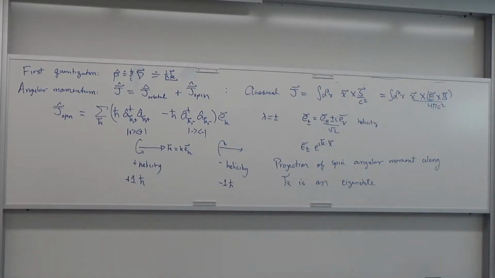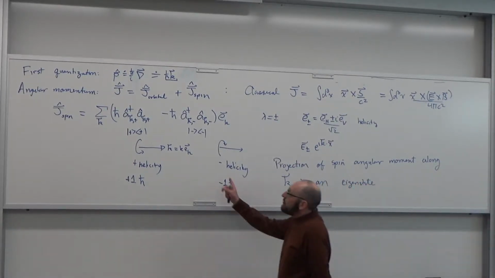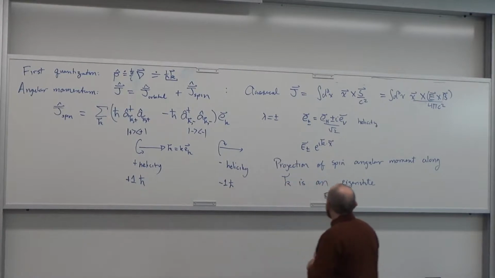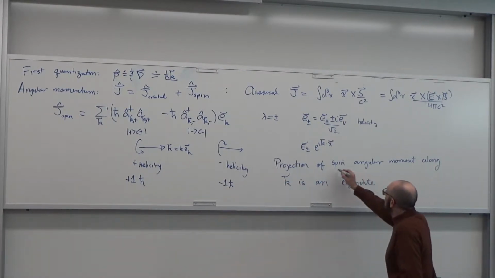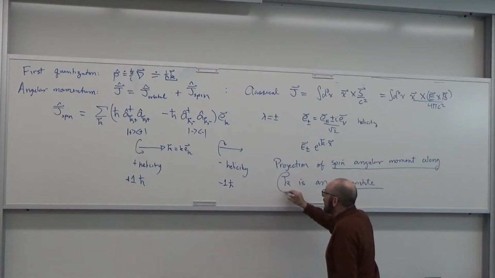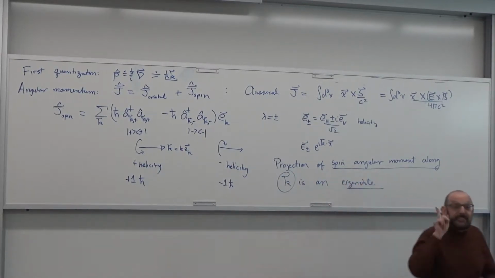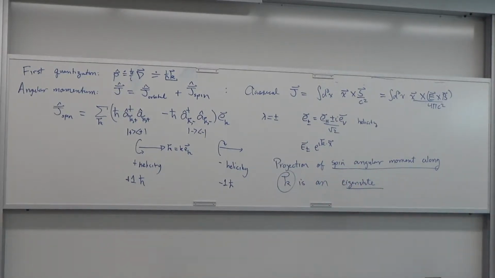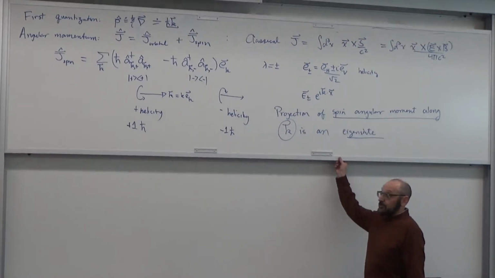Now, one of the things that is important here, the fact that I have only these states is, I can only talk about the eigenstate of spin angular momentum along k. This is different than when we think about the spin angular momentum of an electron.